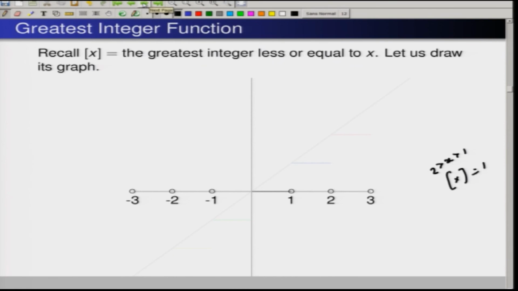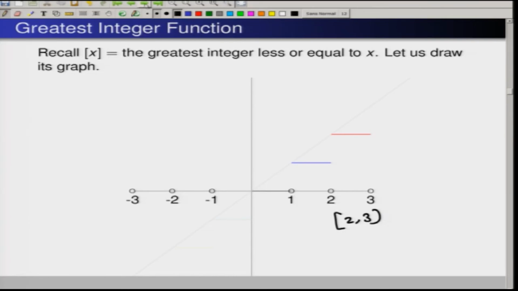Between 1 and 2, 2 is not included, so this is the interval 1 closed, 2 open, and this is going to be 1. Now, from 2 closed to 3 open, this is going to take the value of 2.